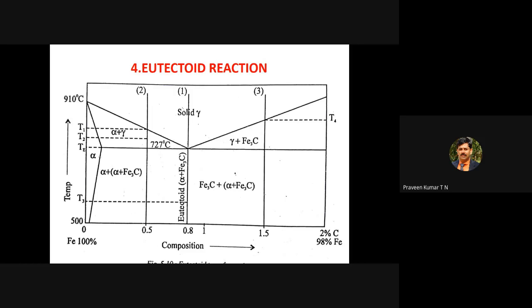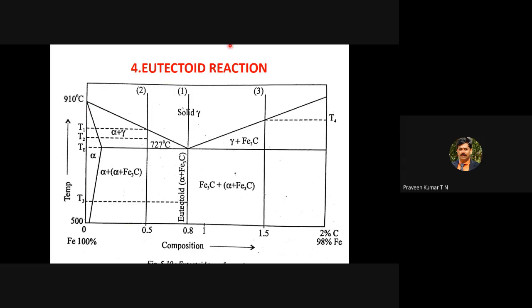It is not like a module scheme. With 8 units, 8 chapters, students had the choice of studying only 5. Most of the time, students were not studying the iron carbon diagram, which is one separate unit, and heat treatment, which is one more unit. They did not study them because they felt a little difficulty. But now it is a module scheme. There is no option. You have to study both the iron carbon diagram as well as heat treatment.